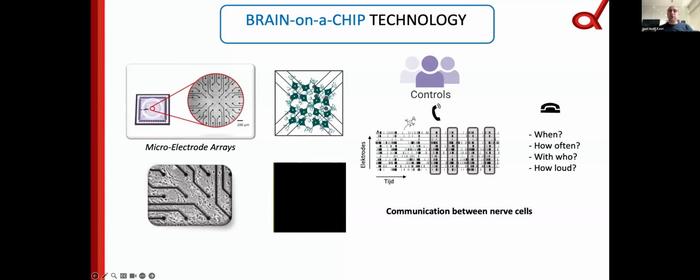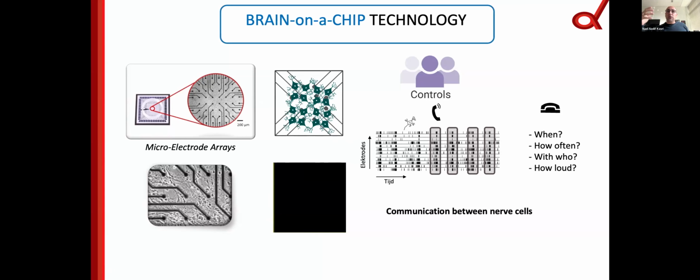And the way we can, of course, then measure this activity, very similar to the graphs that you saw in the previous slide, you see this kind of activity occurring, and basically when this happens, we can say that the cells have developed. These parameters that you see here actually change over time, and they give us an idea of how good and how strong the communication is between the nerve cells, but also how this excitation inhibition is.